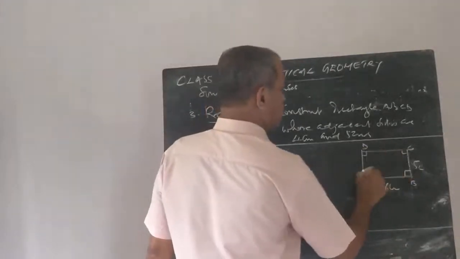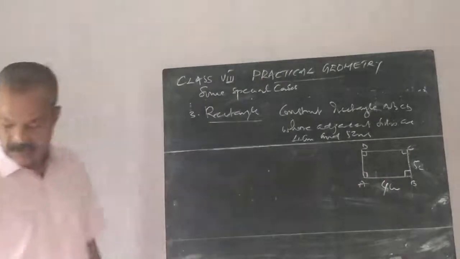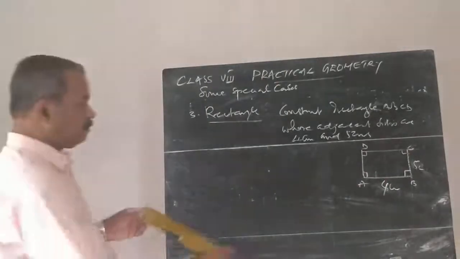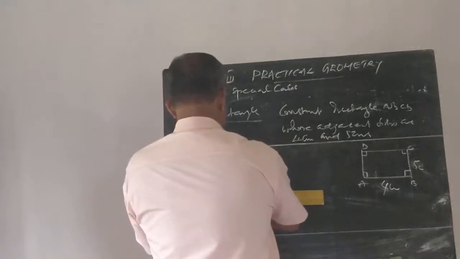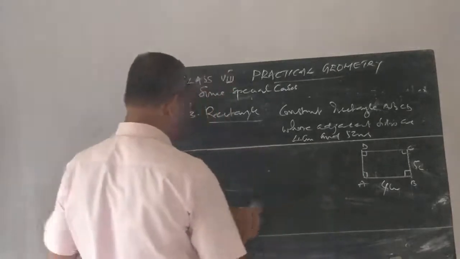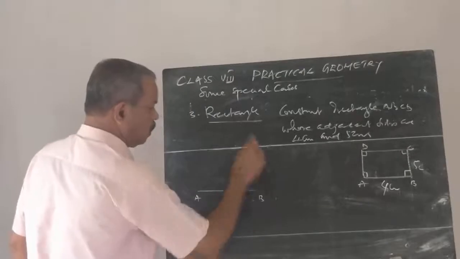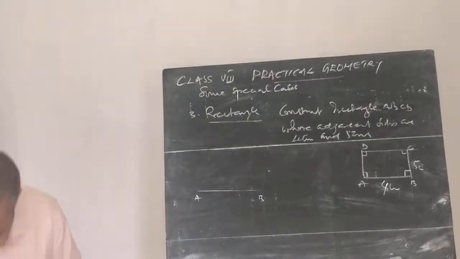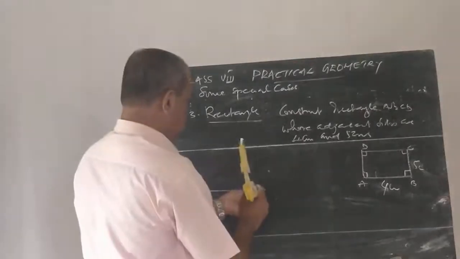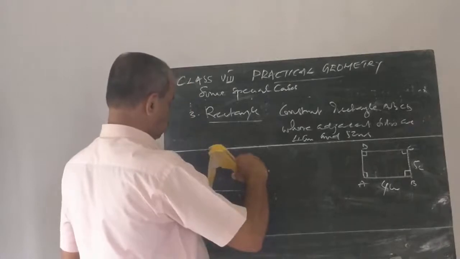So using this property we can draw this easily. First we can draw one side AB, 4 centimeter. Then draw a perpendicular from B or A, whatever it is.